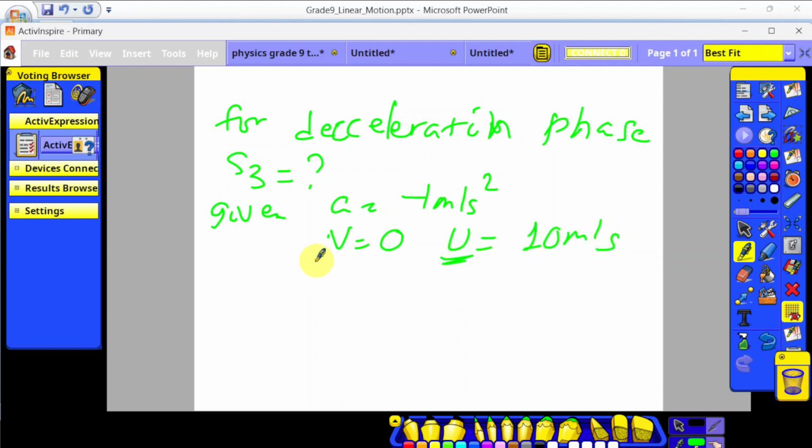This is the initial speed, this is the final, because it stops means v is equal to 0, final speed is equal to 0.